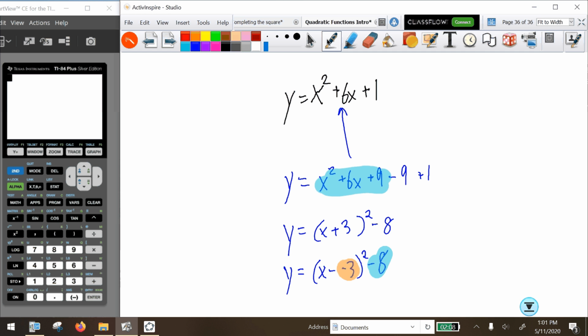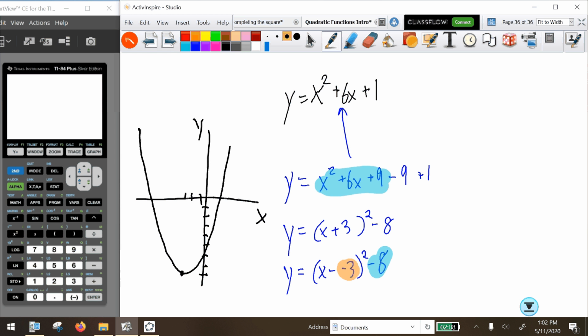And if you were going to sketch a rough picture of that, you would make a point at negative 3, comma, negative 8. 1, 2, 3, 1, 2, 3, 4, 5, 6, 7, 8, and draw a rough sketch of that graph. So this is our first introductory lesson into graphing parabolas. We're focusing on this form of the equation, which is called the vertex form.